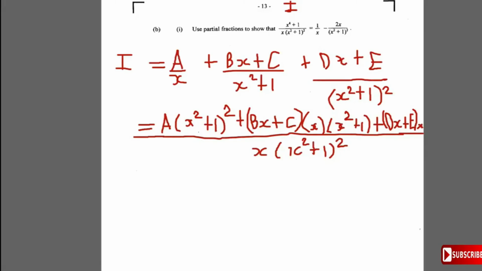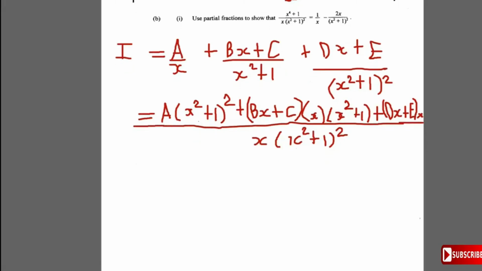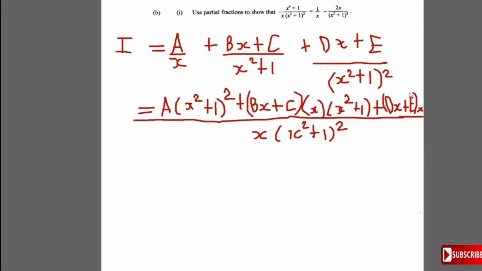All right, nice and easy. So this is what we get now. Since this is what we get, we can just proceed to go further and simplify this question. We have to remember that on the left-hand side, I is equal to this.